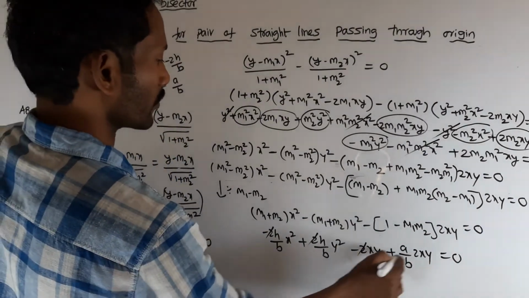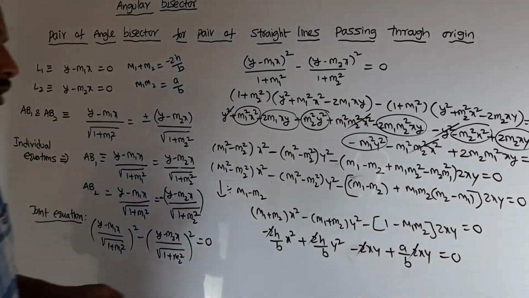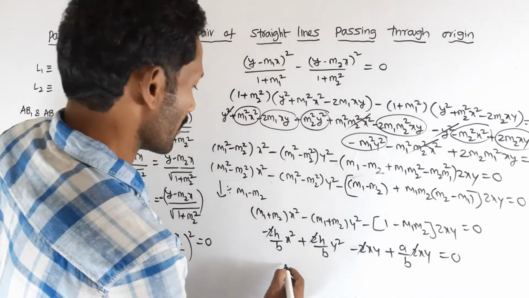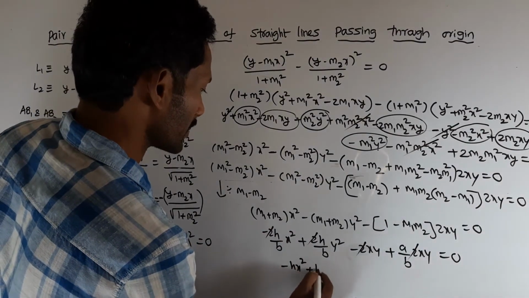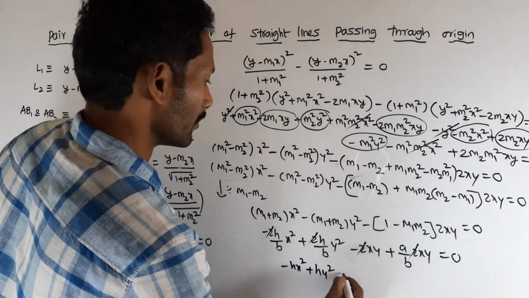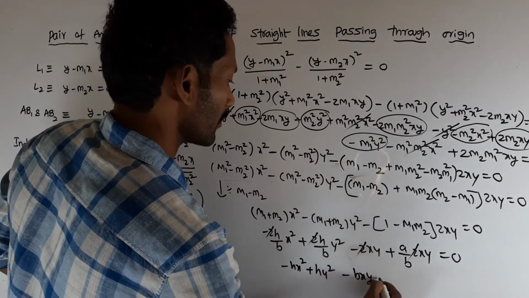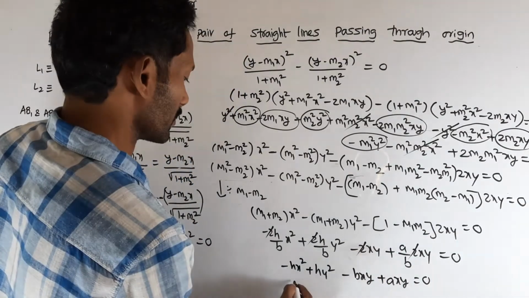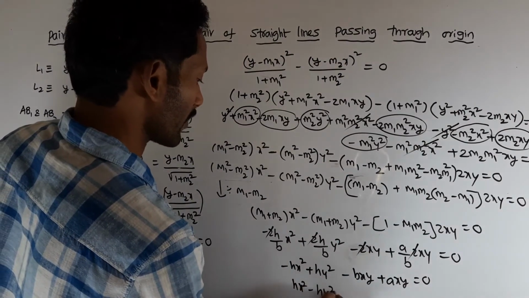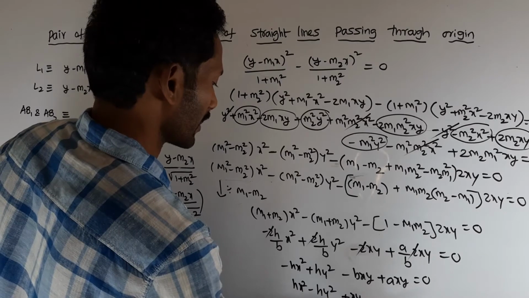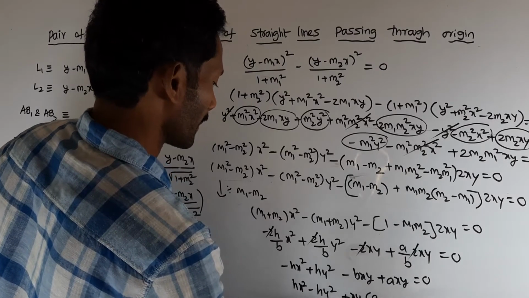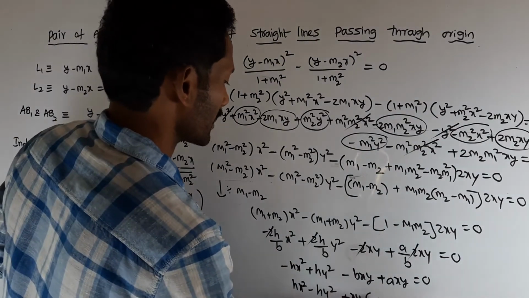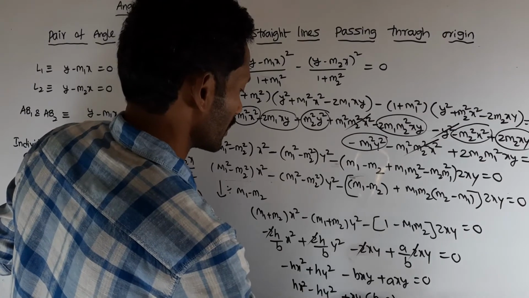Bring outside 2, it is cancelled. Now taking LCM b. So minus hx square plus hy square minus bxy plus axy equal to 0. Multiplied by minus, hx square minus hy square, bring outside xy, multiplied by minus, b minus a equal to 0.